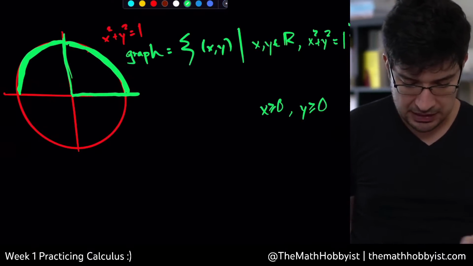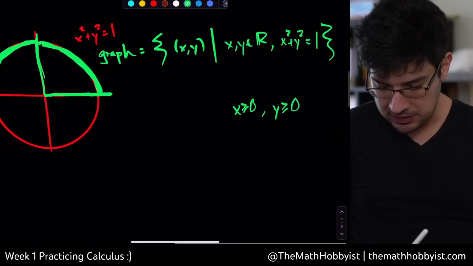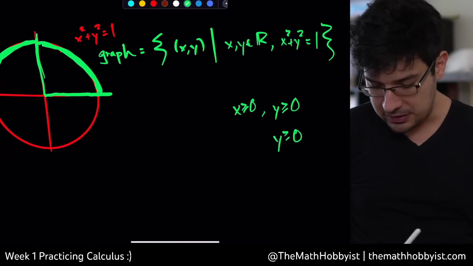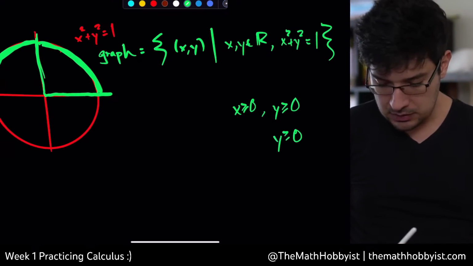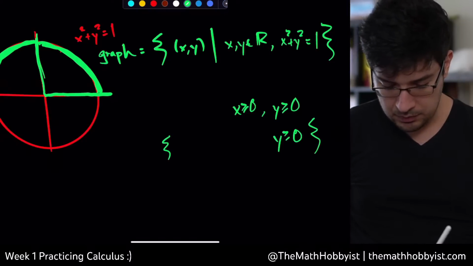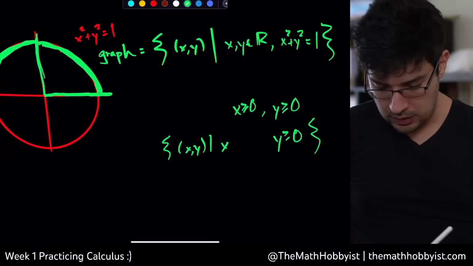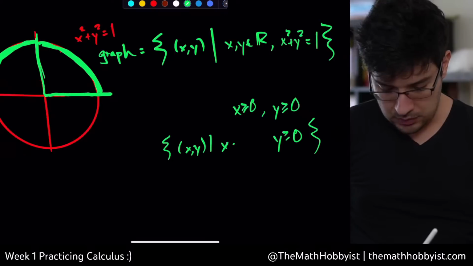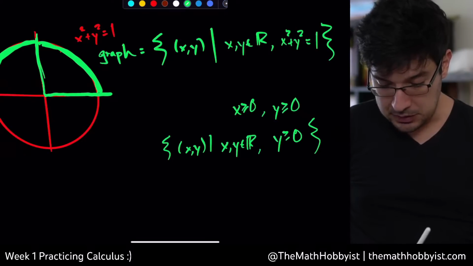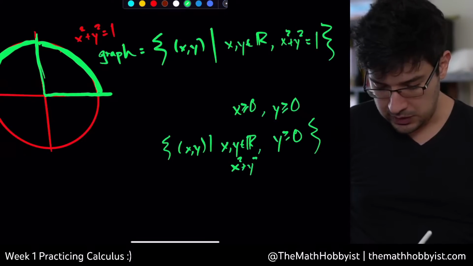So what would it mean to take the top half? That would be saying y greater than or equal to 0. So x, y in R, y greater than or equal to 0, x squared plus y squared equals 1.